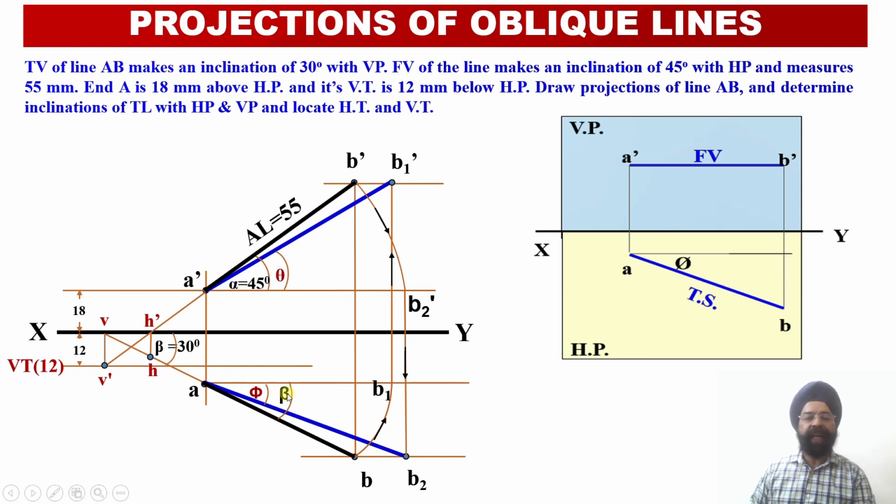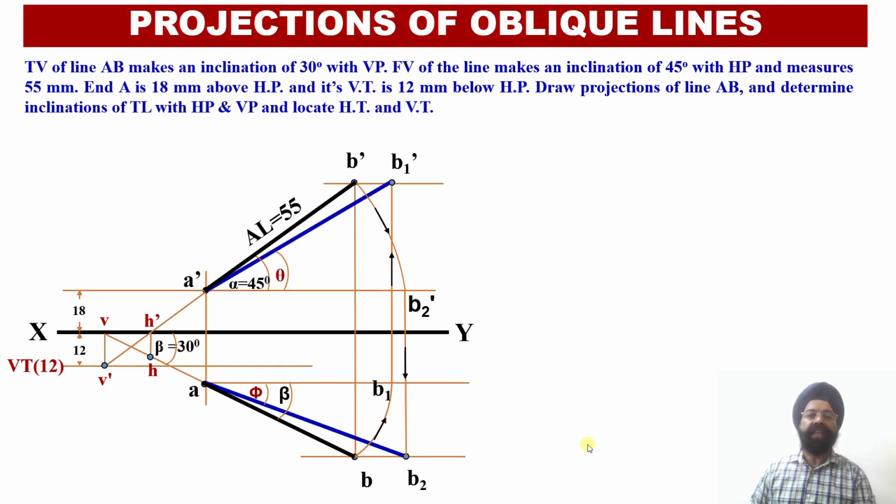Similarly, the apparent angle of inclination beta is greater than the true angle of inclination, that is phi. So apparent angles are greater than the true angles, while the true length is greater than the apparent length of the line. So with this we have completed the construction of the projections of the oblique line.